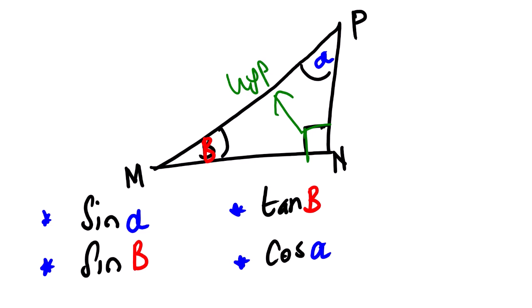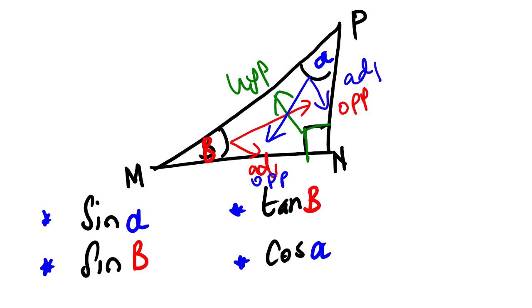And then looking at beta, this is the opposite side of beta, then this will be the adjacent of beta. Looking at alpha, this will be the opposite of alpha, this will be the adjacent of alpha. So we need to express these trig ratios using M, N and P.